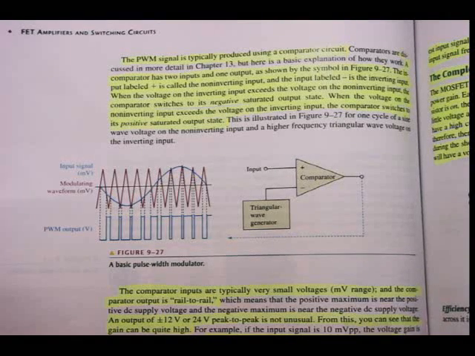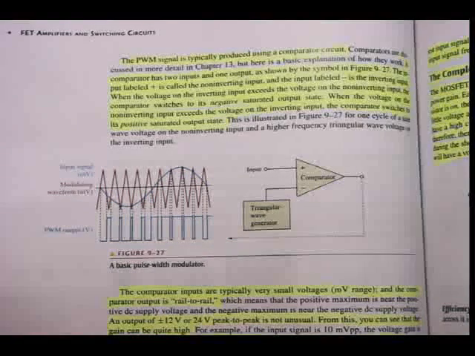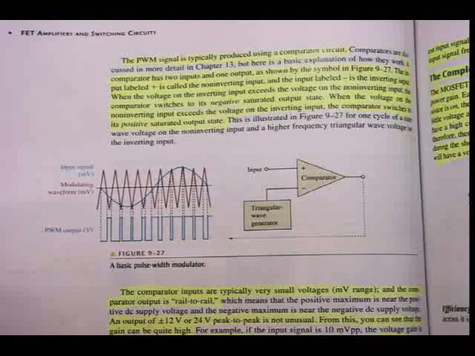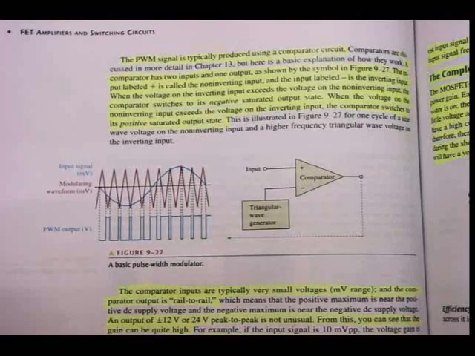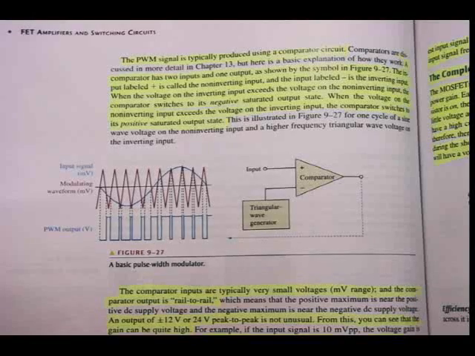From this you can see that the gain can be quite high. What is the gain again? Output voltage over the input voltage. So for example, if the input voltage is 10 millivolts peak to peak, the voltage gain is going to be 24 volts peak to peak divided by 10 millivolts peak to peak, which is 2400.